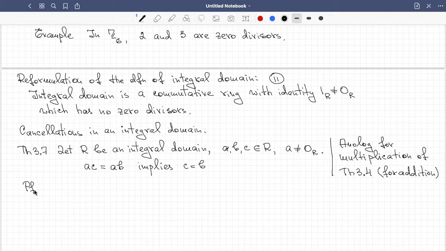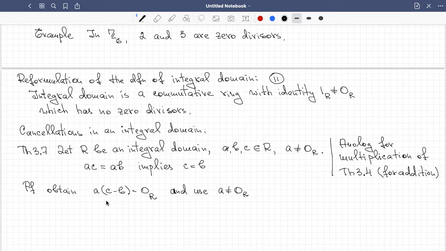Roughly, the proof is: obtain A times (C minus B) equals 0 in the ring, and use the fact that A is not 0.